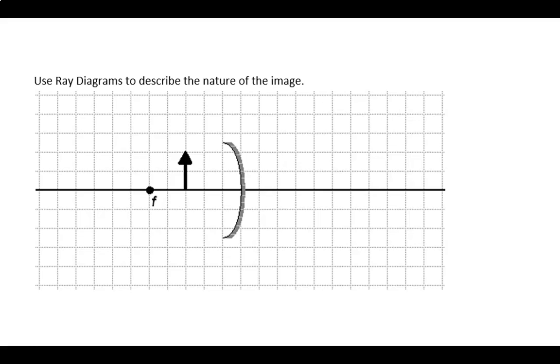Now, here we're asked to describe the nature of the image using ray diagrams. There's three aspects that we're going to be looking at. The first one is whether or not this image is going to be upright or inverted.